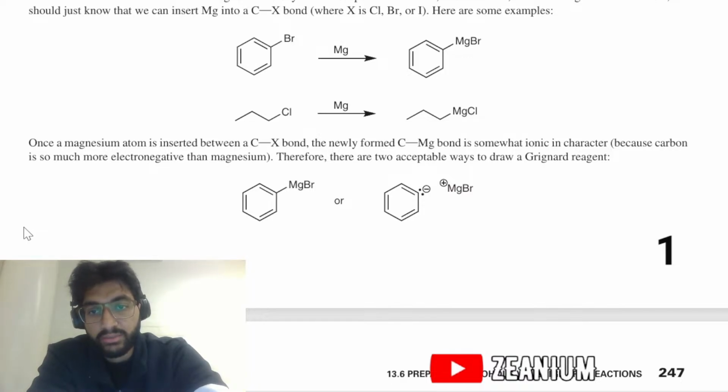Once the magnesium atom is inserted between the C-X bond, the newly formed C-magnesium bond is somewhat ionic in character because carbon is much more electronegative than magnesium. Therefore, there are two acceptable ways to draw a Grignard reagent.